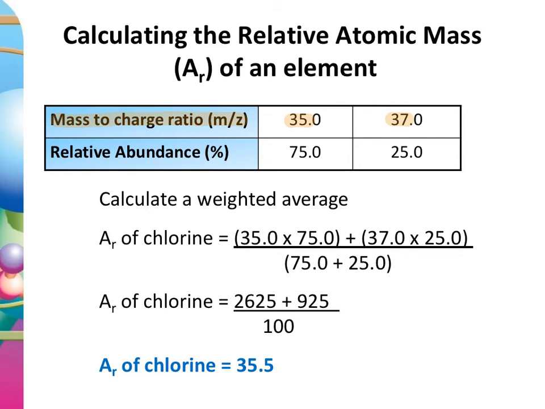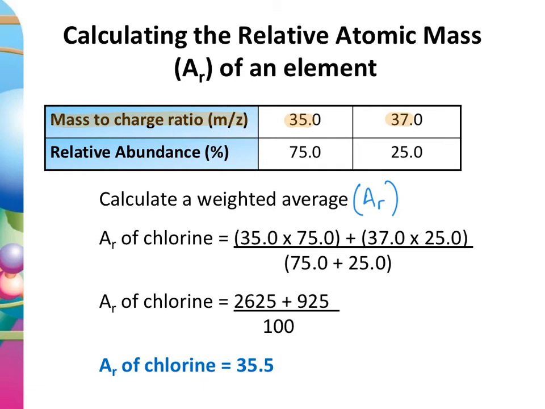that is what Ar stands for, our relative atomic mass, then it's going to be the mass of the isotope, 35, times its relative abundance, 75, plus the mass of the second isotope, 37, times the relative abundance, 25, divided by the total abundance.